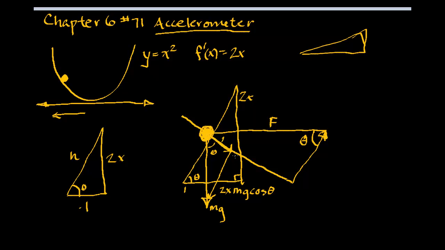But I've also said that wherever the ball is, at a particular acceleration, it's going to come to rest at a point when the component vectors parallel to the track are equal but opposite, which means that this also has a magnitude of 2x mg cosine theta. Now we have our force, we have an angle, and we have another side. So we have 3 pieces of information about this triangle that will enable us to solve the problem.